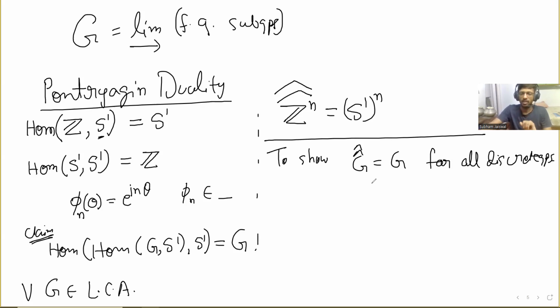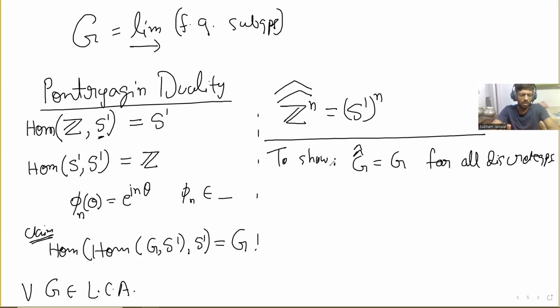Let's think about that. We are not going to full LCA, but just discrete groups. So you have proved it for those kinds of discrete groups. Now, how would you extend the proof formally, without doing much more mathematics, to all discrete groups?